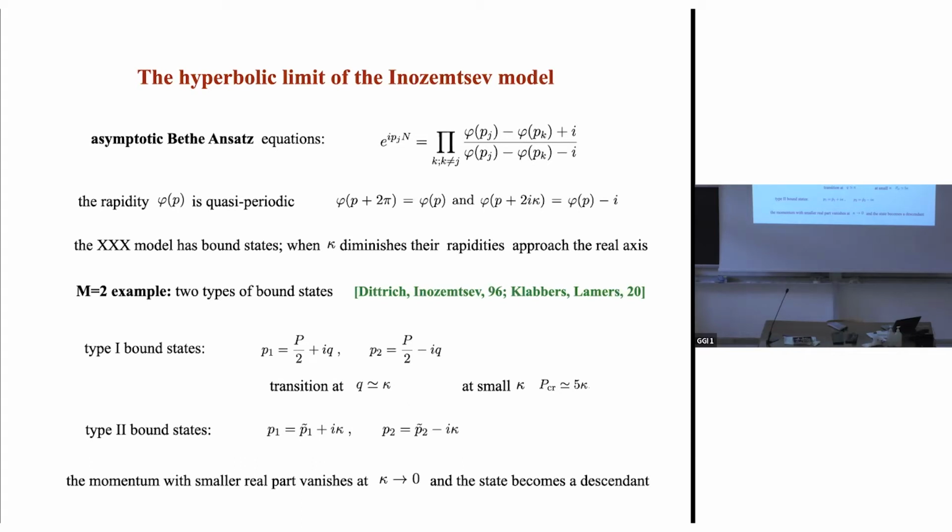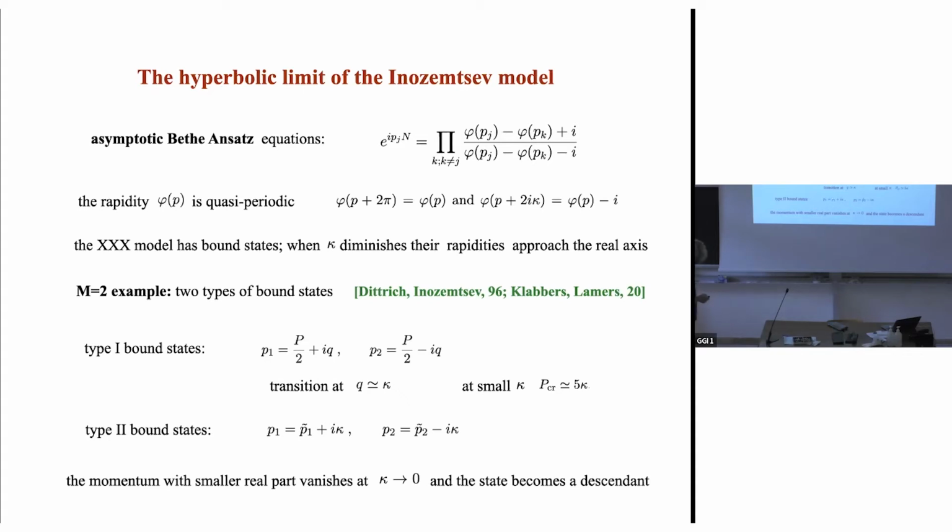But when you diminish kappa, you see that Q comes close to the quasi-periodicity limit, and when it hits the quasi-periodicity limit kappa, the bound states become of different nature. They keep the same imaginary part kappa, but the real parts start to split.